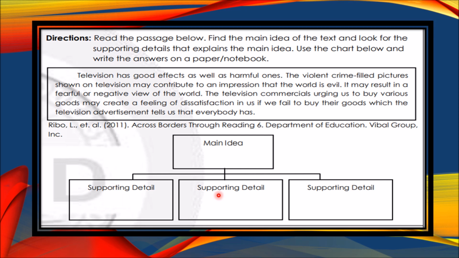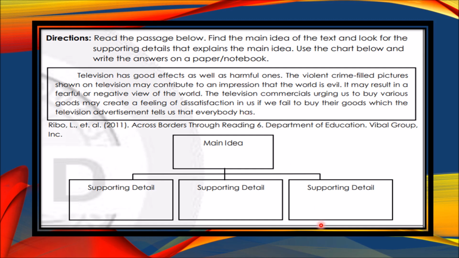Then the second one, it may result in a fearful or negative view of the world. Okay? Then the third one is that the supporting details for the third one, the television commercials urging us to buy various goods may create a feeling of dissatisfaction in us if we fail to buy their goods, which the television advertisement tells us that everybody has.